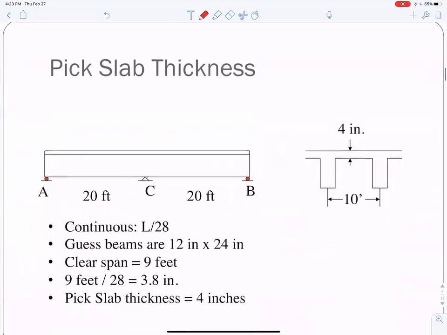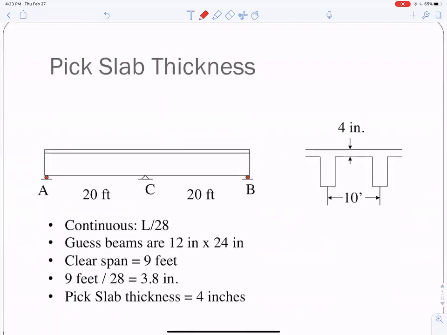The first step is to pick the slab thickness, and this slab is continuous. I'm picking L/28. We need to get this clear span here, but we know the center to center is 10 feet, so we're going to have to guess the width of these beams.